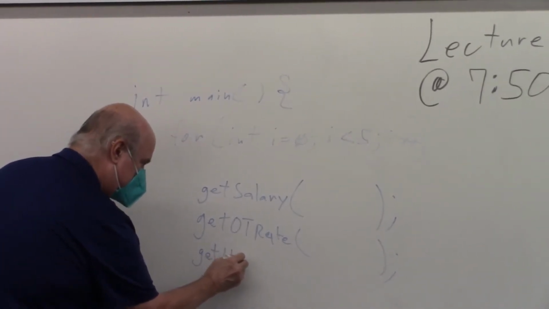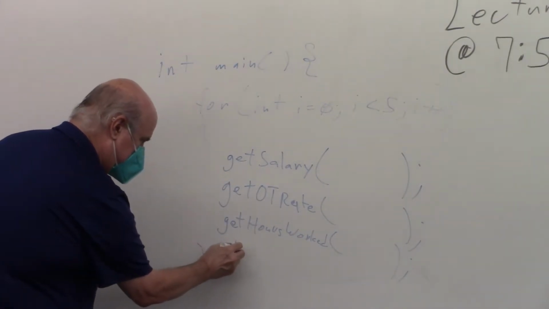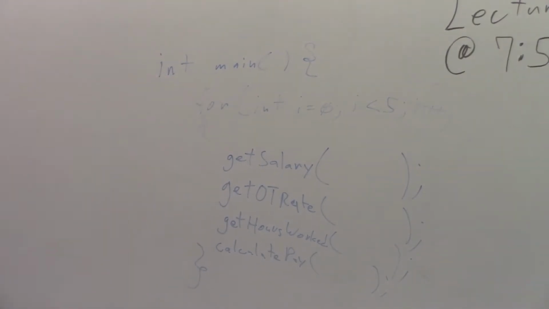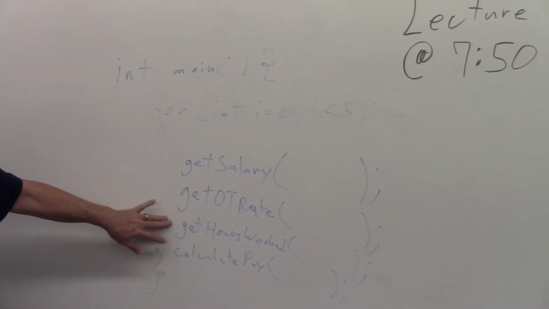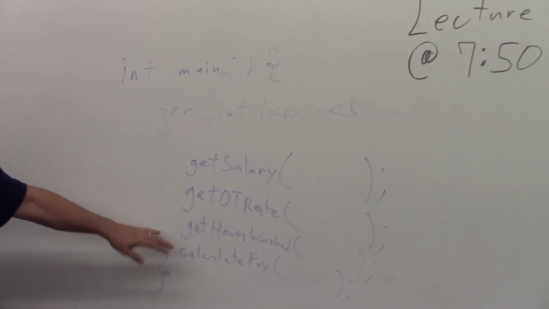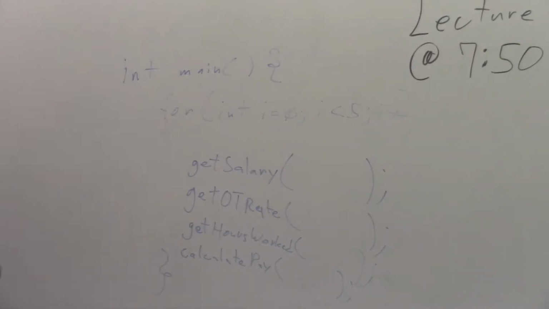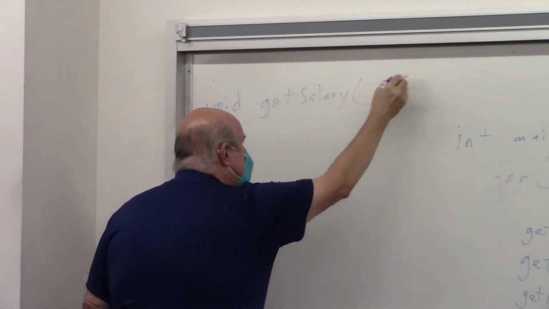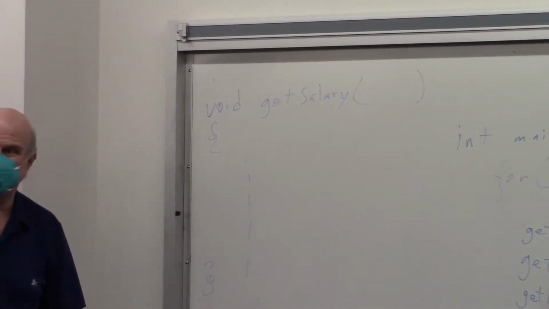You call get hours worked with whatever things you're going to pass. And then you call calculate pay. So when you come to this program, rather than see all the complexity of get salary, get overtime rate, get hours worked, and calculate pay, you see 4 relatively simple method calls. And then you have a method called get salary that has all the complexity of get salary in it.